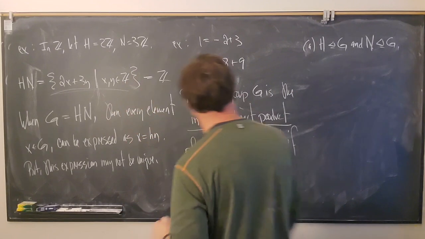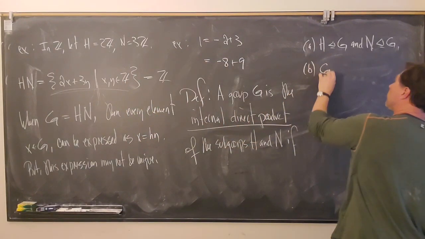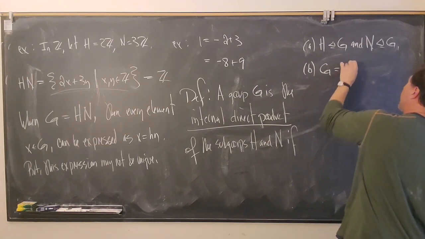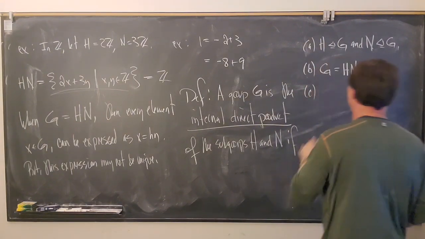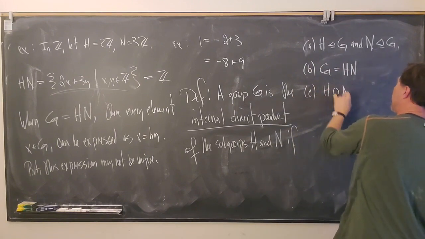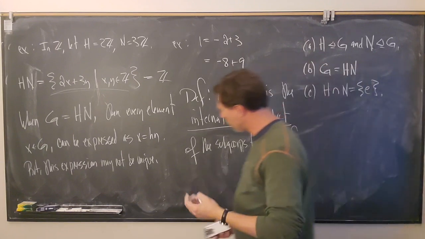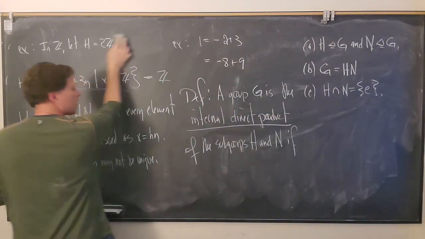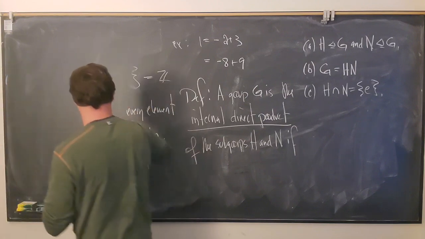Part B, G is equal to HN, and C, H intersect N is trivial. So if those 3 things occur, then we say that G is the internal direct product of these two subgroups.